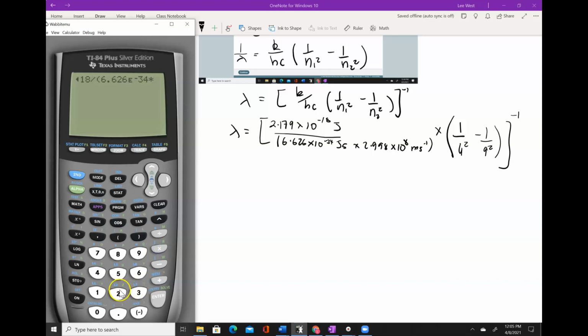It's Planck's constant times the speed of light. Close parentheses times new parentheses 1 on 4 squared minus 1 on 9 squared. Close parentheses, close my last parentheses to the minus 1.